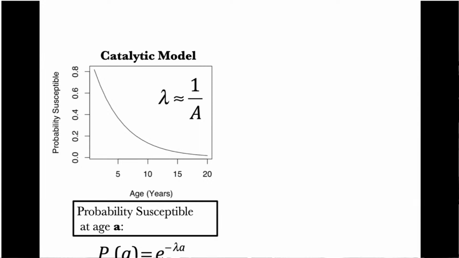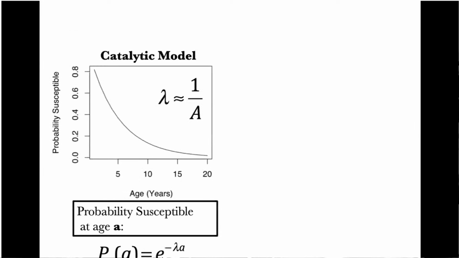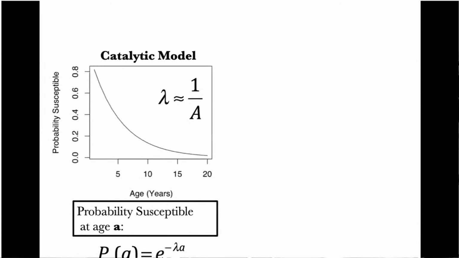Yeah, so the age at first infection is really the inverse of the force of infection. So if you know the life expectancy, and you can have some data that can give you age at first infection, then yeah, you can get your rough R0 there using catalytic models, for instance.